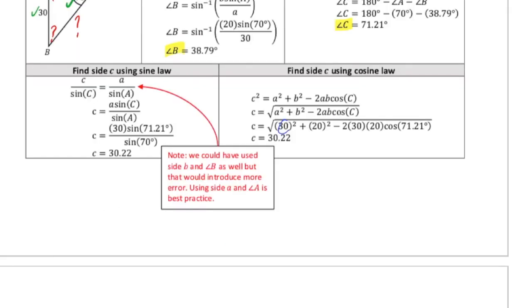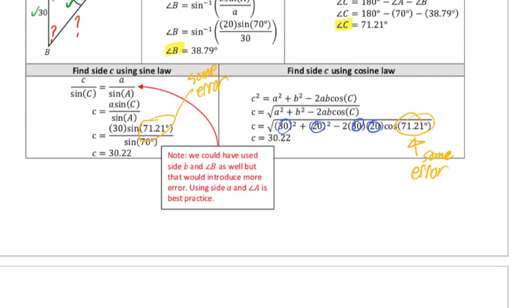Now substituting our values in, 30 for side A, 20 for side B, and angle C. Now, here's the thing. This is for sure going to have some error, but there's no way around it. No matter what version we use, sine law or cosine law, there is going to be some error. The question is whether or not the amount of error that we have is acceptable.